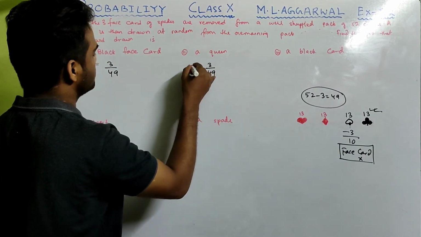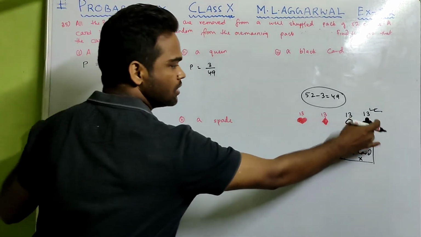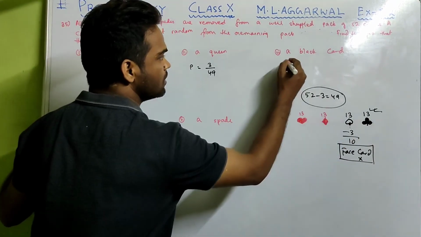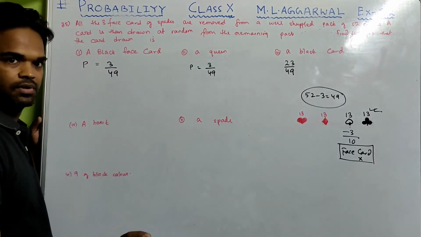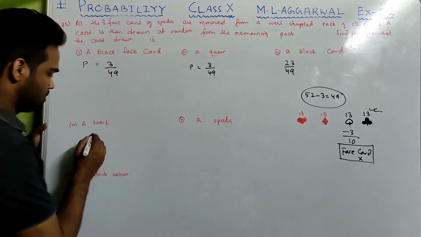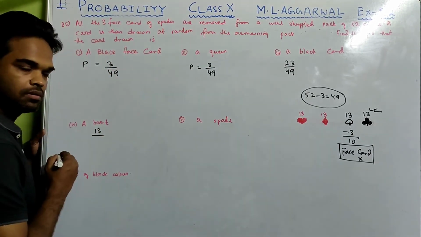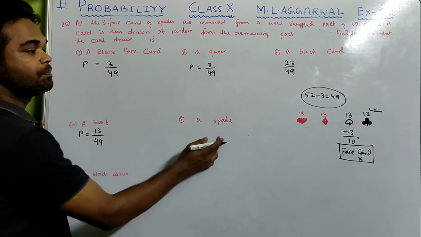Isn't it? A black card now: 13 over here and 10 over here. So 23 out of 49. Am I clear? A heart, 13 hearts out of 49 cards. A spade.